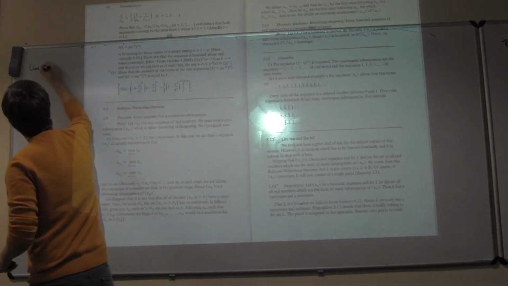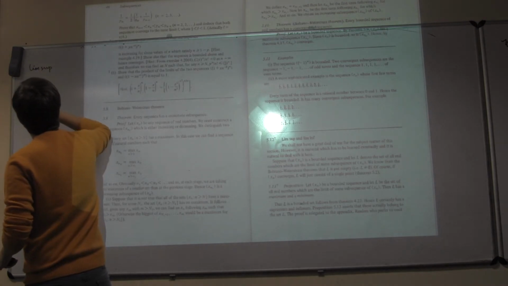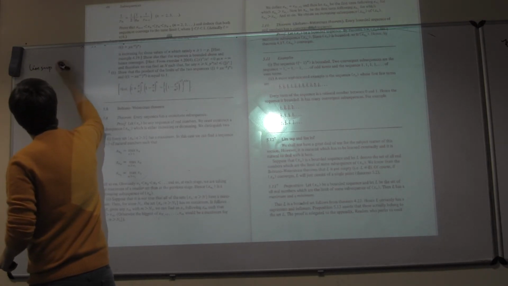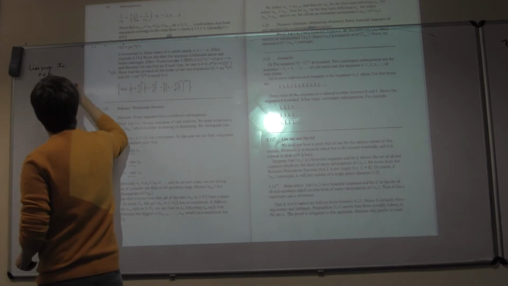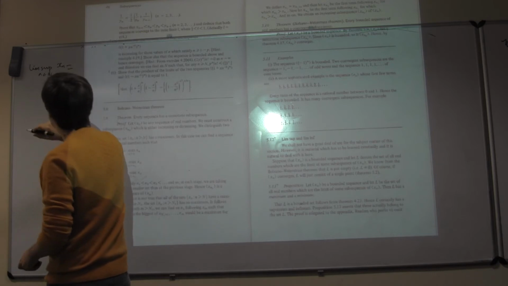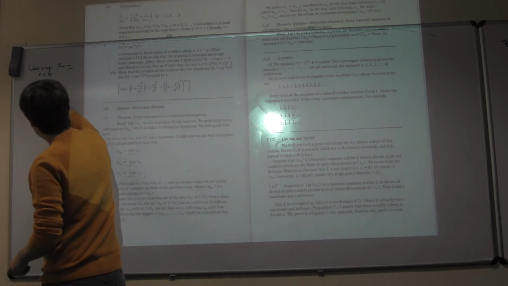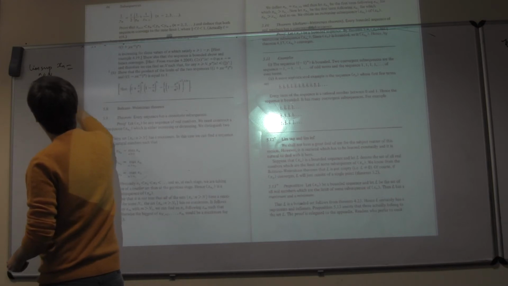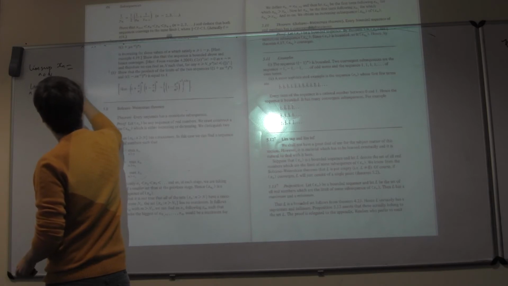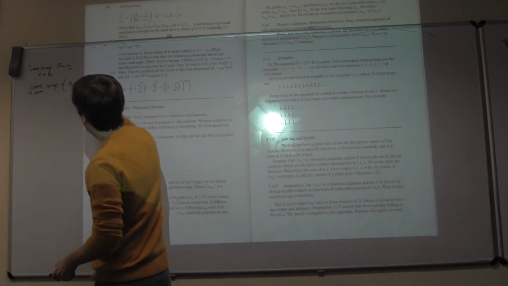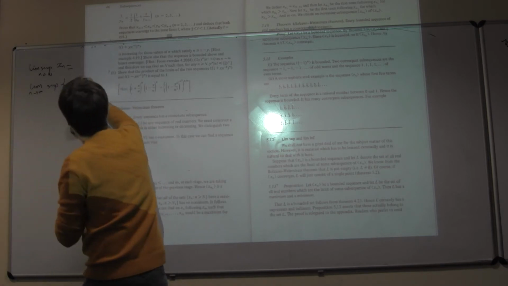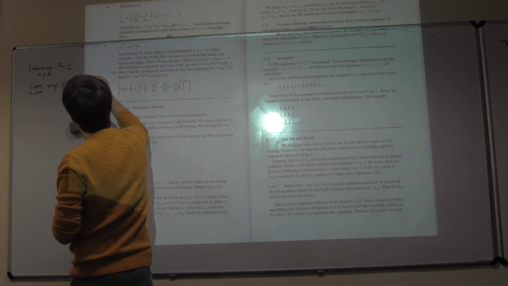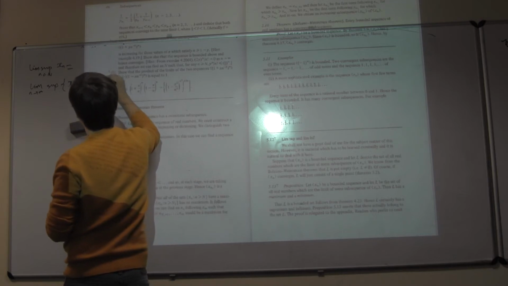The lim sup of some sequence x_n, you can think of it as the limit as n goes to infinity of the supremum of the set x_k, k greater than n.